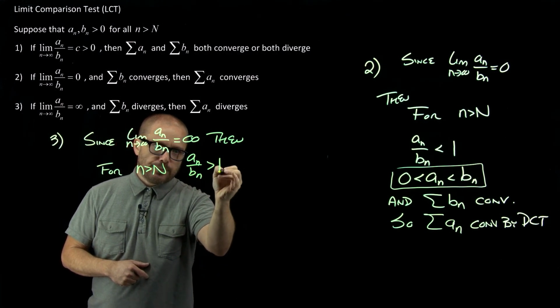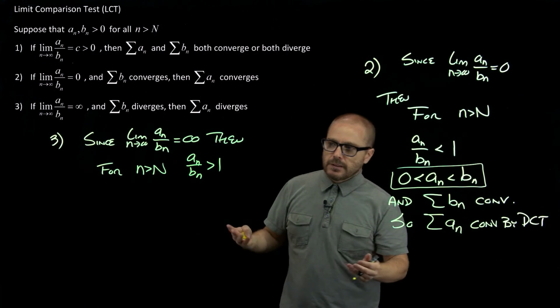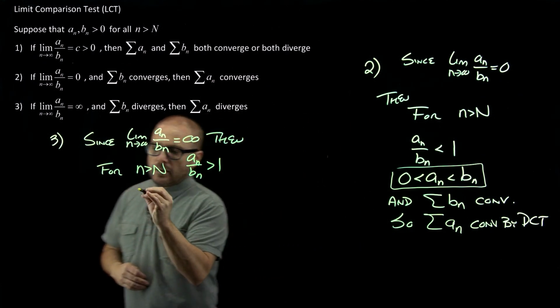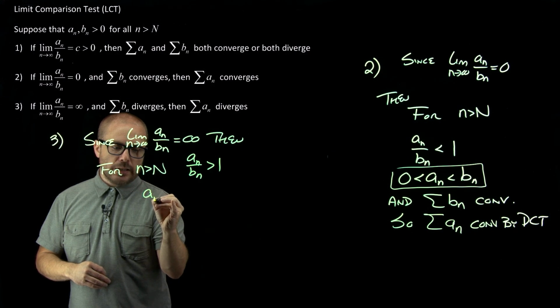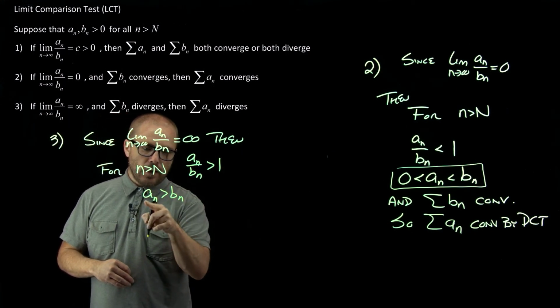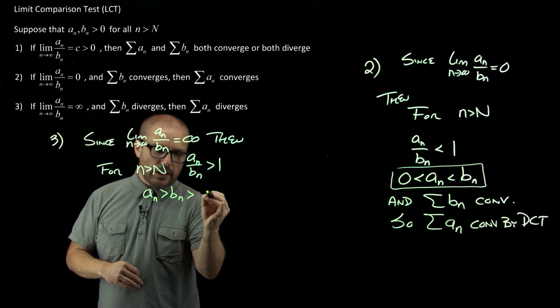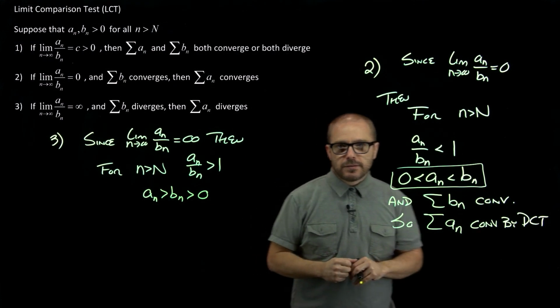All right? That ratio is getting larger and larger without bound. It is definitely bigger than 1 at some point, which means that eventually, if you multiply the b_n to the other side, all of our a_n's are bigger than our b_n's. And again, we're assuming that we're talking about positive terms.